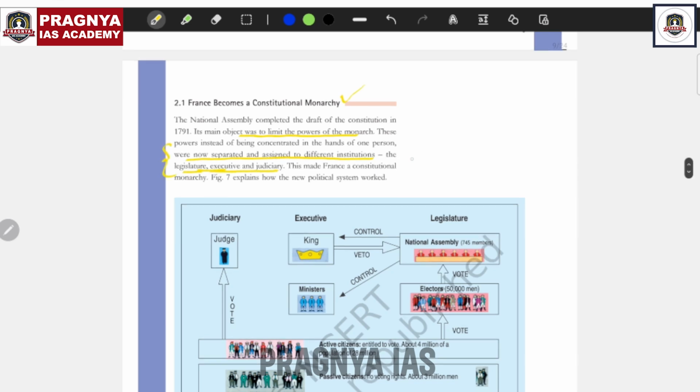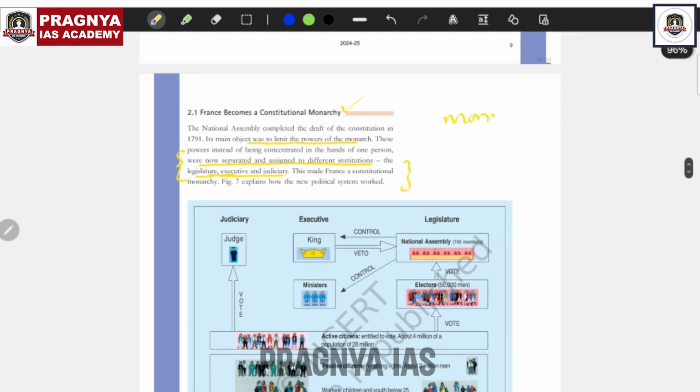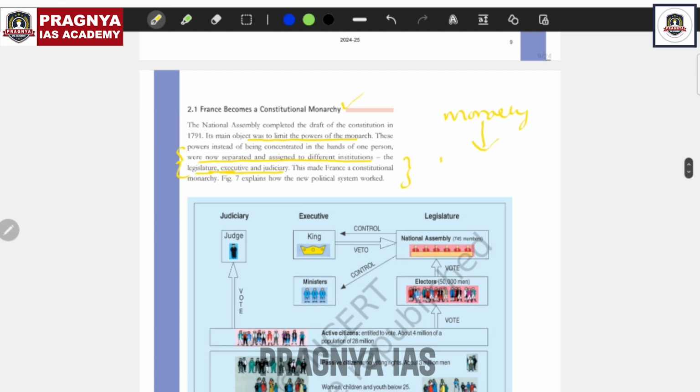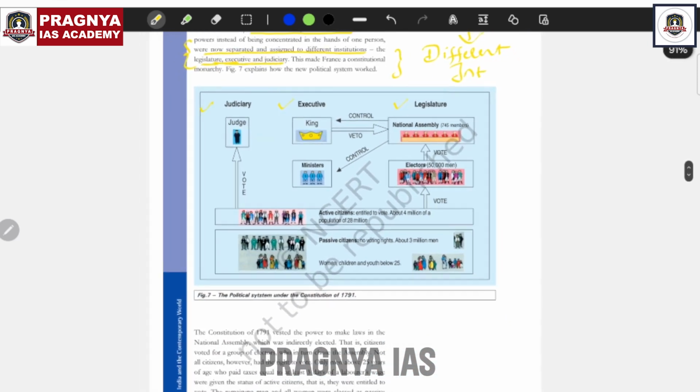This is important. Earlier it was a monarch; now this power is spread and assigned to different institutions: judiciary, executive, and legislature.